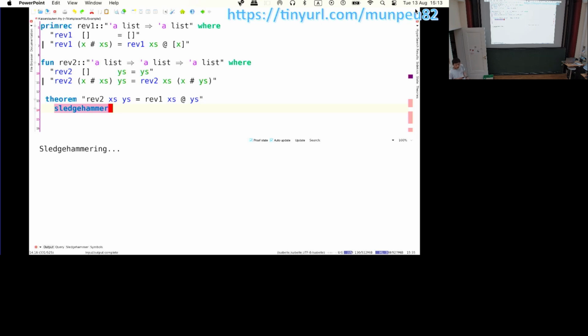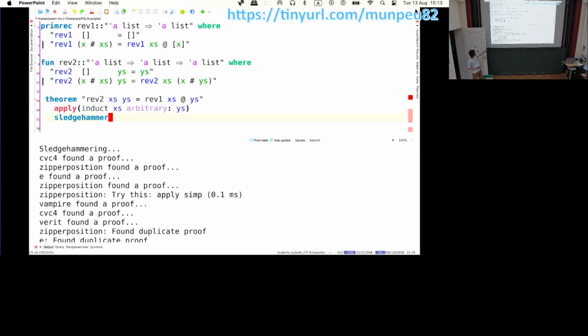But the weakness of Sledgehammer is that since it resorts to less expressive logics, if the problem is inherently higher order logic, like inductive problems, the performance is pretty poor. So if we apply Sledgehammer here, after probably 30 seconds, it gives up. But if we do the induction part manually, Sledgehammer can find the proof script, because the remaining base case and step case are not inherently higher order logic.